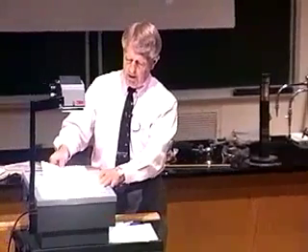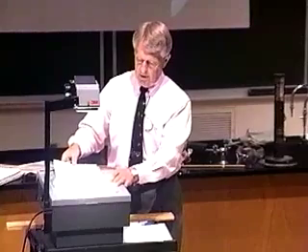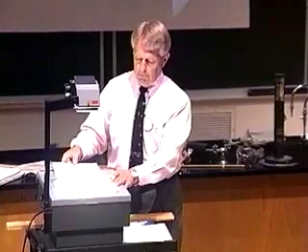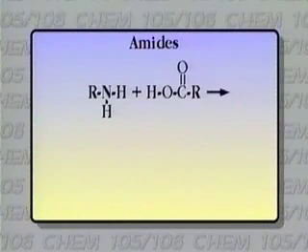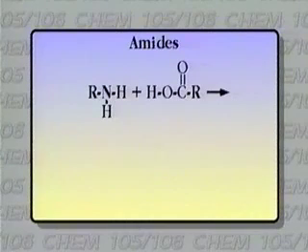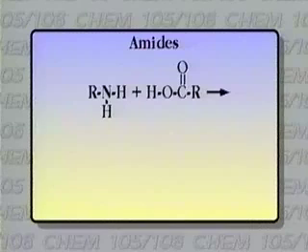We talked about two other organic materials. Well, one other, I should say, the amine. And the general formula for the amine was an R group with a nitrogen and a couple of hydrogens on it. That's an amine.